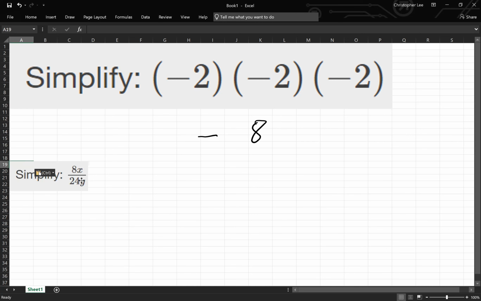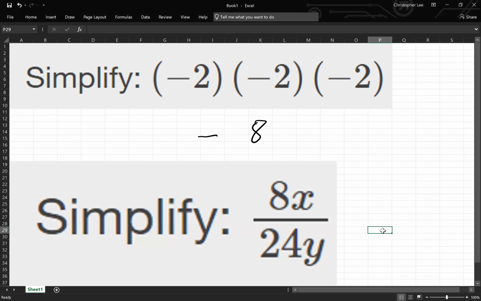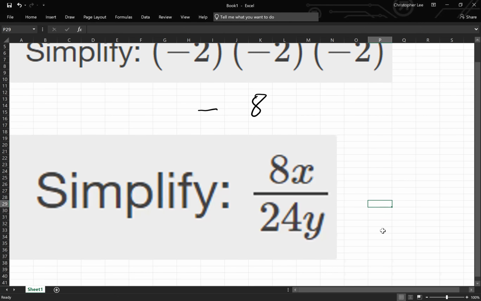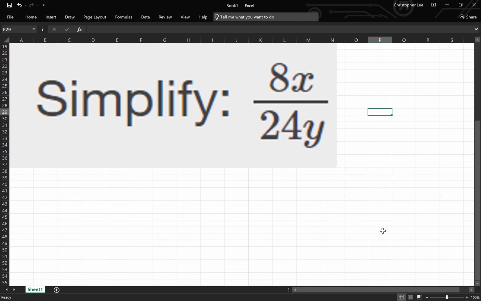Help me out with this. I want to simplify this. What do we do? Not separated, not LCD.